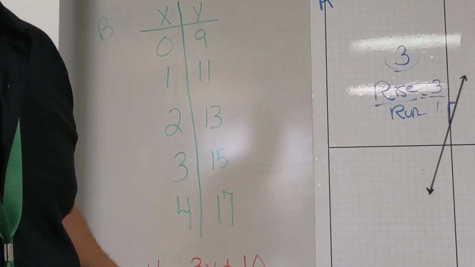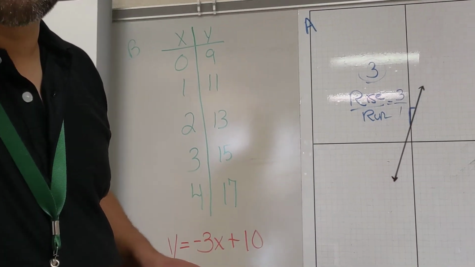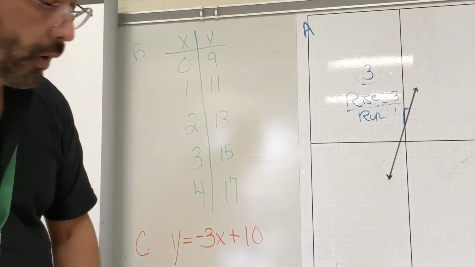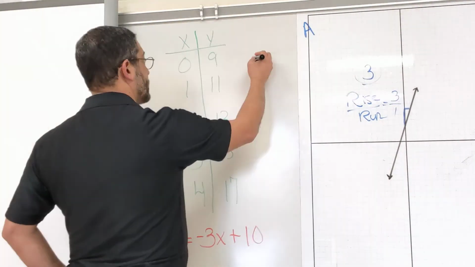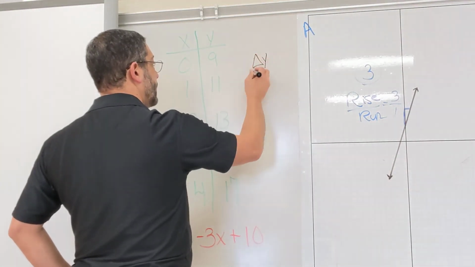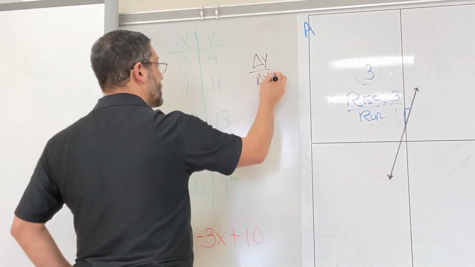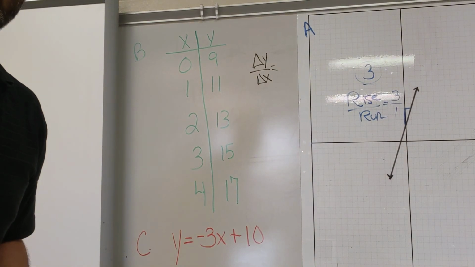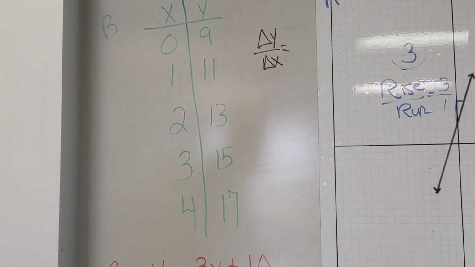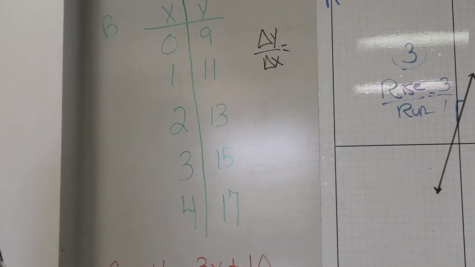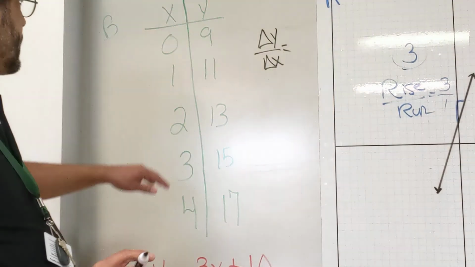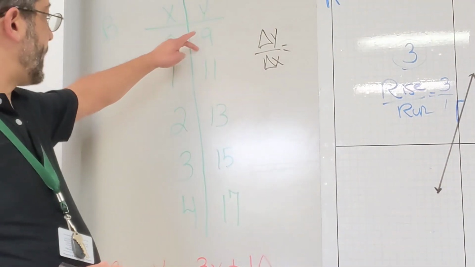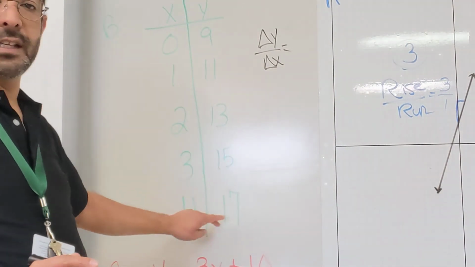If I go over here to B, B is a table. Now remember, whenever we're trying to find rate of change in a table, we're looking for the change in y over the change in x. The way that I find change in y over change in x is I just count the pattern of the numbers. If I look here at my y values, I go from 9 to 11 to 13, 15, 17.